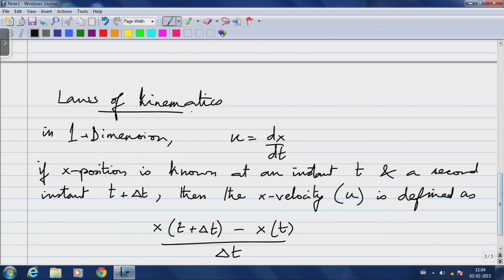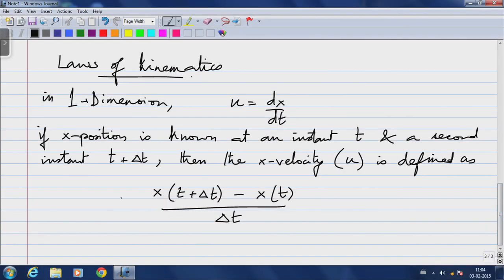And a contribution coming from calculus is that if I let this delta t become very small, then I end up recovering the actual velocity at that instant of time, x component of the velocity at that instant of time.